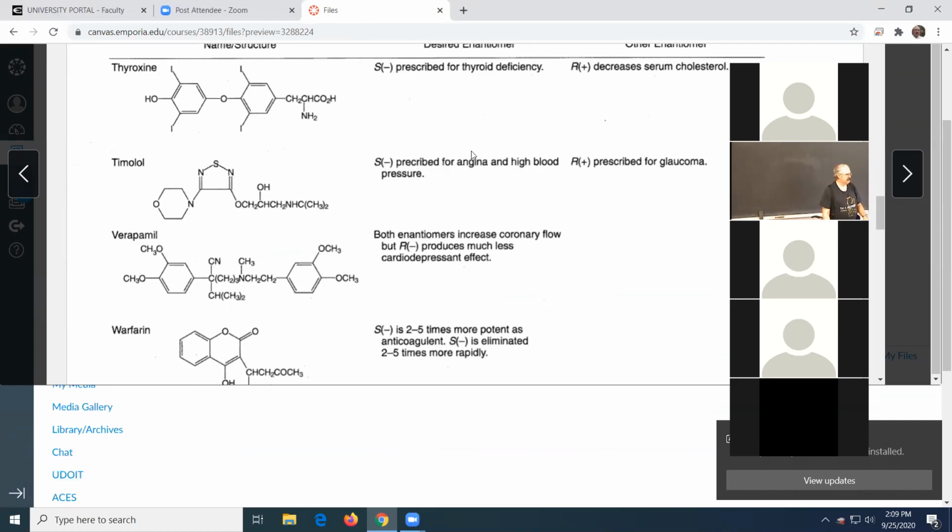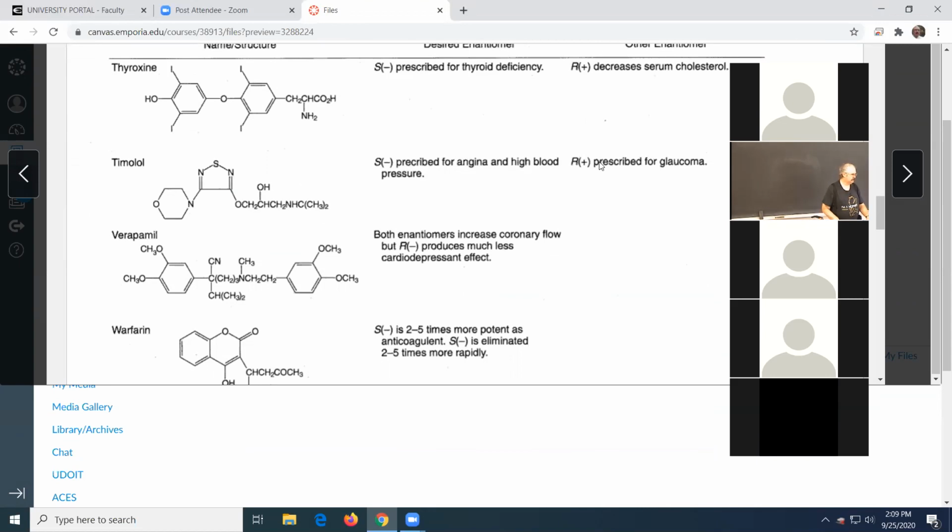Timolol, this is another example where the two isomers have different biological effects and are used for different purposes. This belongs to a class of drugs called beta blockers. The S minus is prescribed for angina and high blood pressure. The R plus is prescribed for glaucoma.